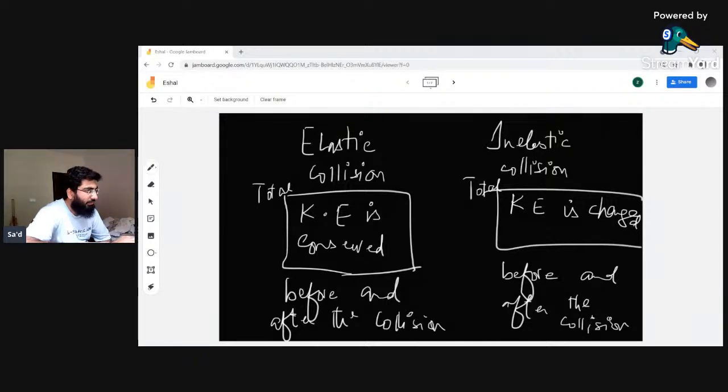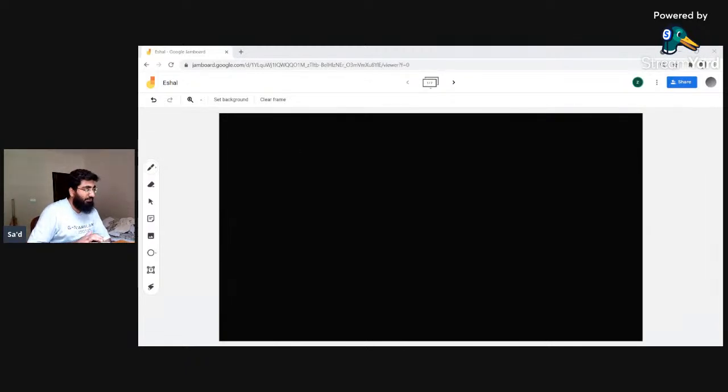ठीक है, what else have we got? Let's move on to questions. Let's say there is a boulder of mass 4 kg.